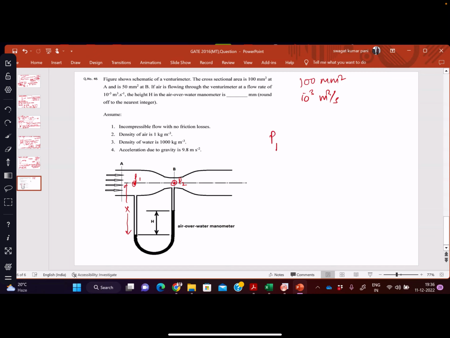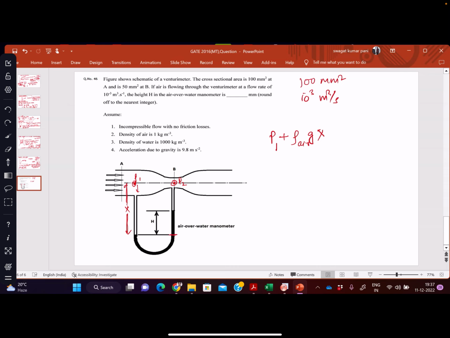So we are going in this direction. P1 plus the pressure due to a fluid when you go down, that is rho g h, rho of air g times the height x, from here to here.